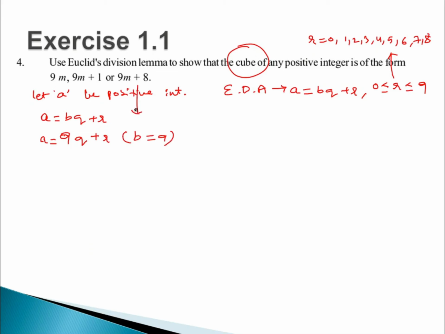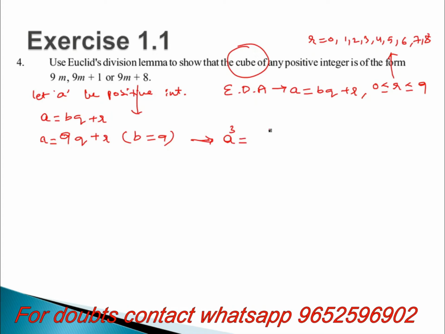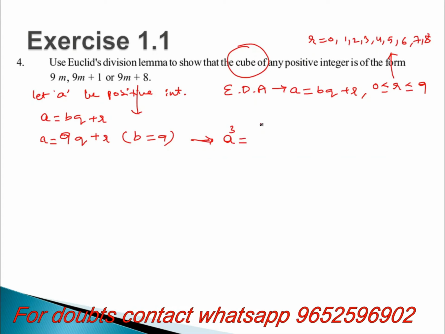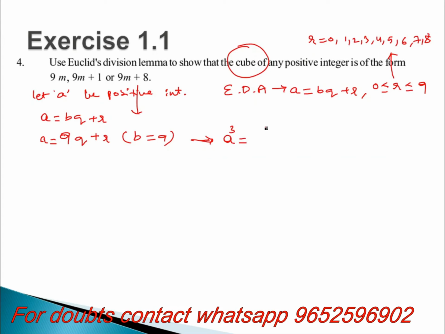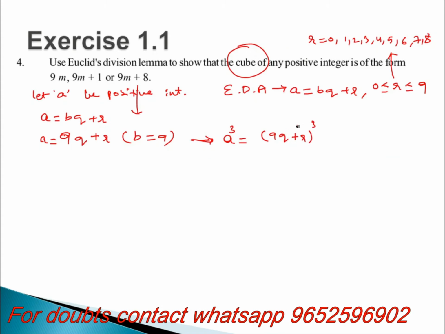So I'll simply cube each one out. Whatever I'm cubing needs to be done there. When I write this as a cube, this itself is a cube, so 9Q cube plus R is also a cube, isn't it?